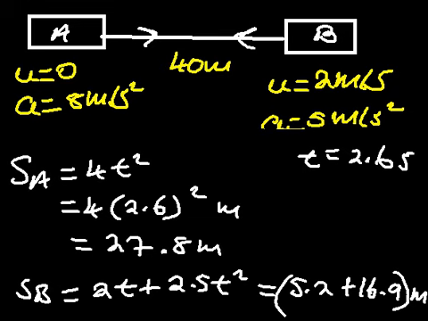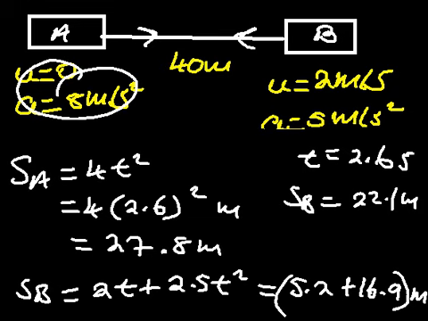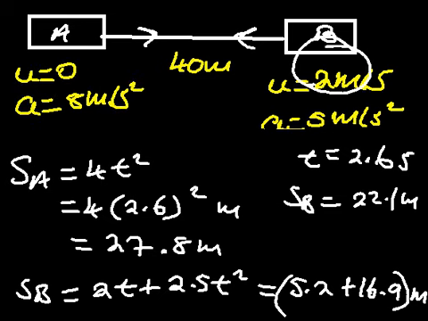That is 5.2 plus 16.9, so the distance S2, actually SB, will be given as 22.1 meters. Now you can see that object A is the one moving faster compared to object B. Hence, it has to cover more distance compared to object B.